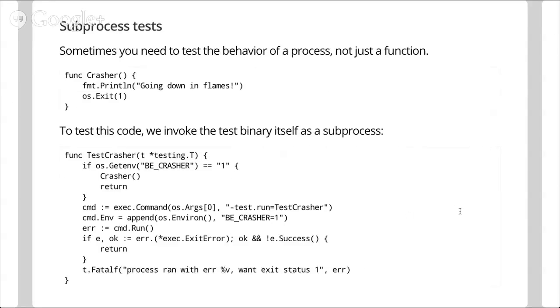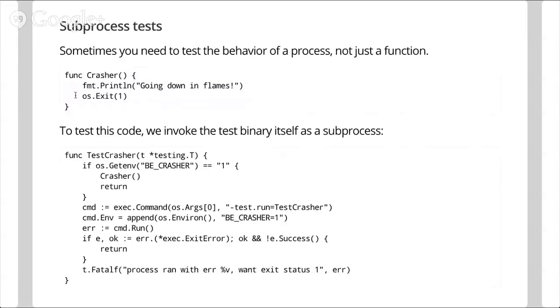All right, just one final little topic in this grab bag of topics, which is that sometimes you need to test functionality that acts on a process level. Let's say I have a library that has this function called Crasher. It's not a very useful function, but basically it just prints a string to standard output and exits with an exit status of 1.